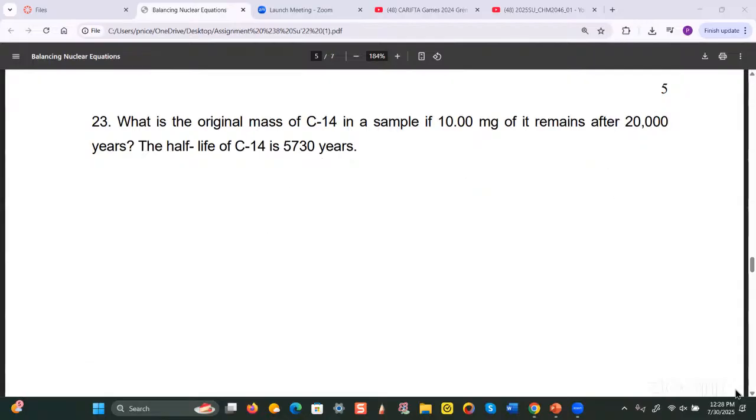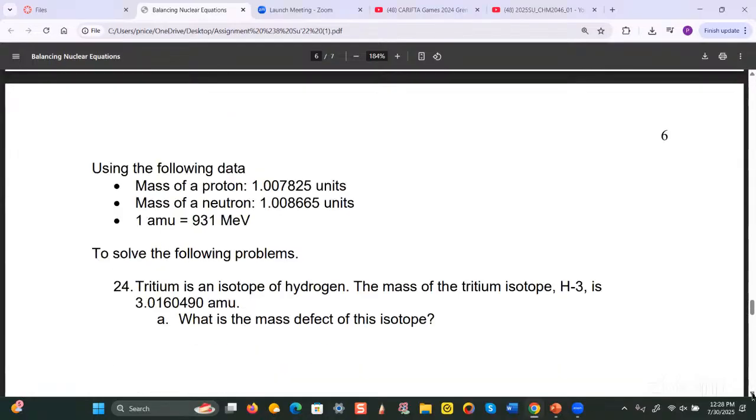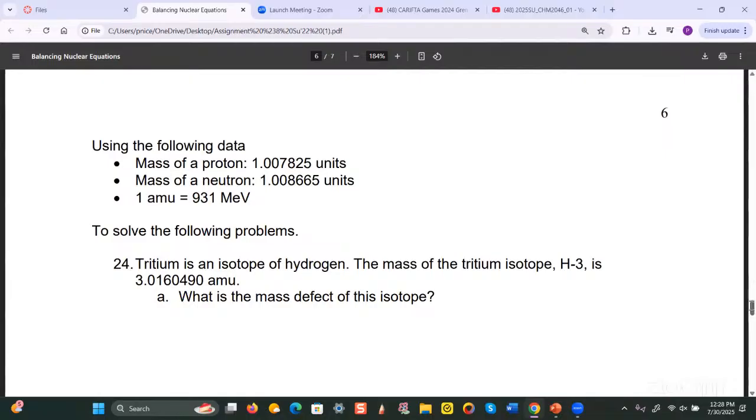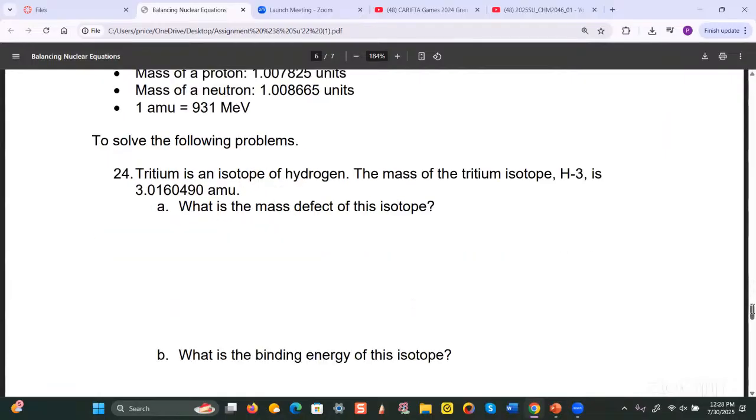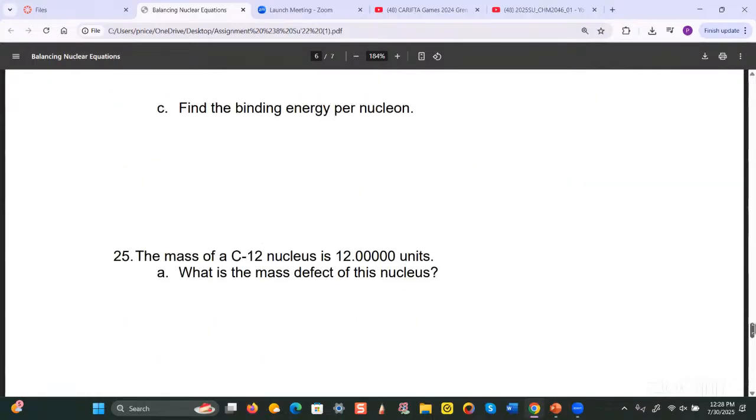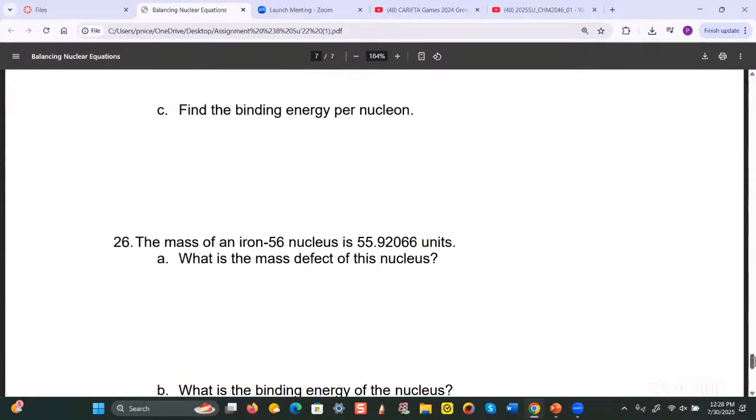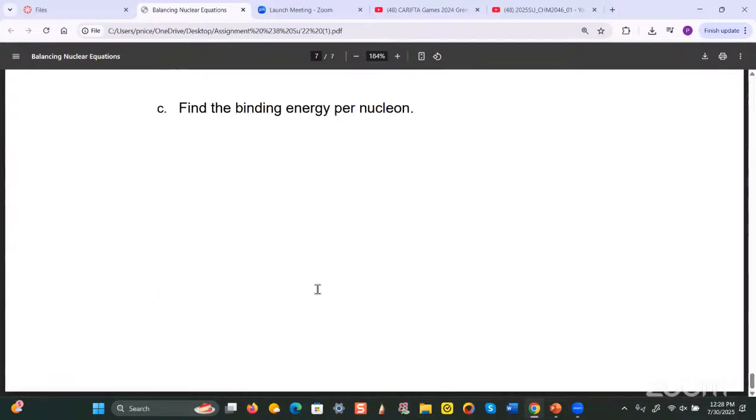Scroll down. Okay, oh, we did this already. At least we started. If I remember correctly, I did number 24 for you, right? And I told you guys to try 25, 26. And that's basically it for this assignment, right?